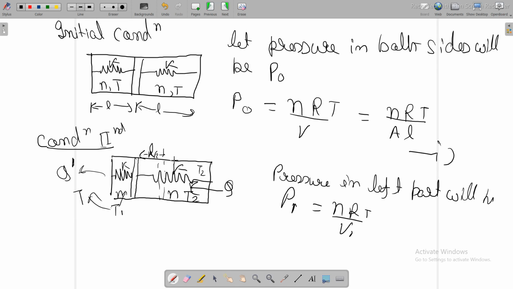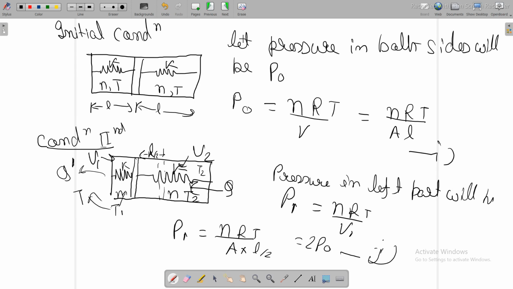So in the left part there will be volume V1, and in the right part there will be volume V2. Therefore P1 equals nRT over area times L by 2, which equals 2P0 when we compare with the first equation.